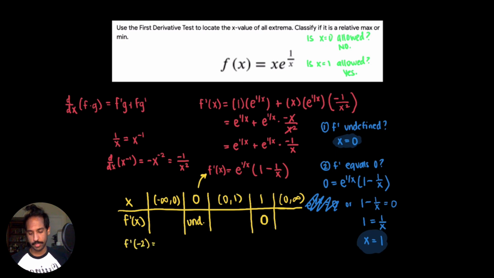Let's see what happens. e to the power of 1 over negative 2 times 1 minus 1 over negative 2. e to the power of anything is going to stay positive, even if it's a negative fraction. And so that's going to be a positive number times 1 minus negative 1/2, which is 1 plus 1/2, or 3/2, which is positive. So this is going to end up being positive.